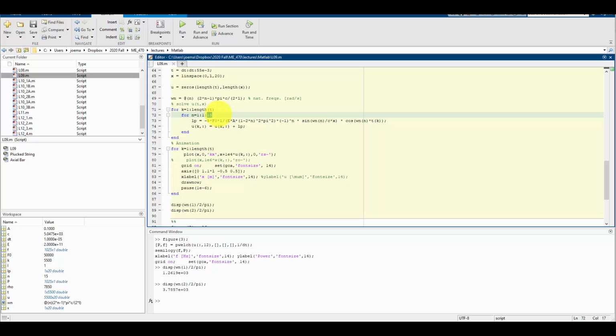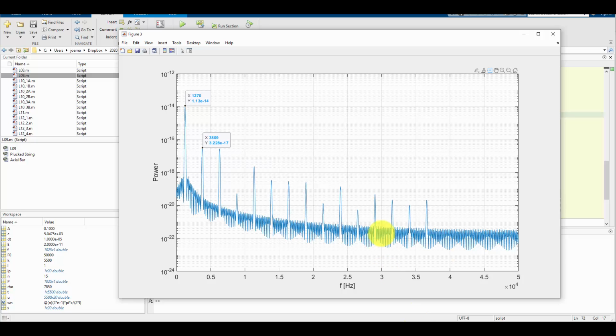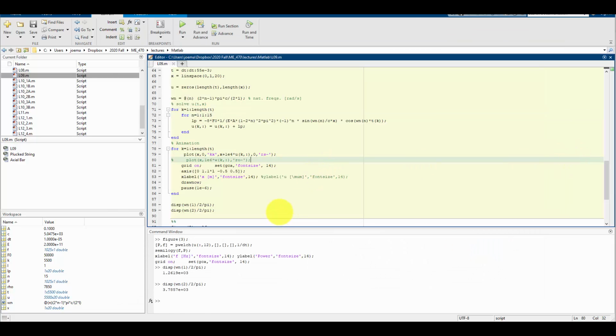So that's why we see that drop off after 15 of them, that there's no more peaks. It's an artifact of simulating our data and truncating it at only taking 15 of the terms. If I increase this, then we're going to see that, yes, we do keep seeing those peaks going, and there should be an infinite number of them, but we have to cut it off at some point so that we can run this simulation. So there should be peaks that keep going for all of the infinite natural frequencies here if we ran this with even more detail.